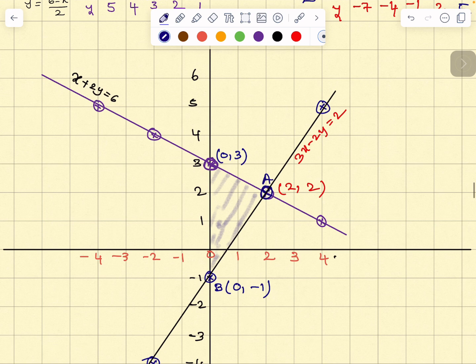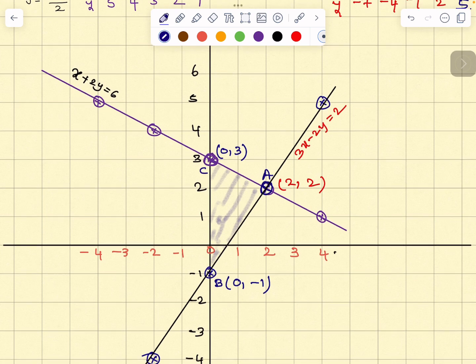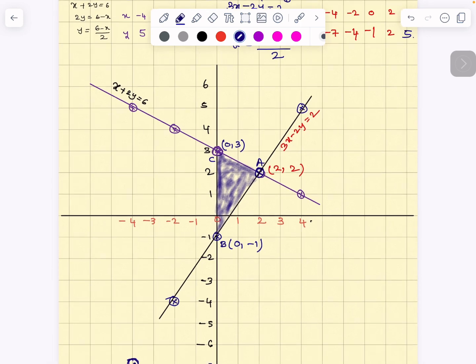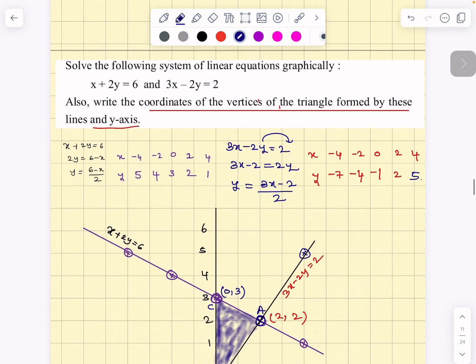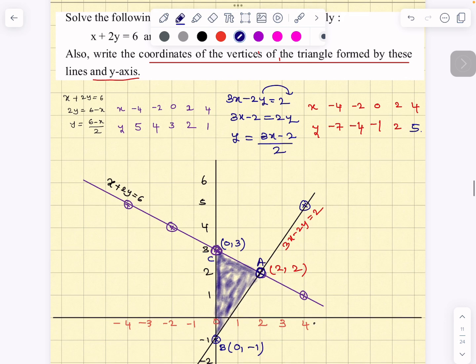So this is triangle ABC, and the coordinates are A (2, 2), B (0, minus 1), and C (0, 3). Just shade this triangle part. Okay, highlight this triangle part, and this is your question number 28. Move on to the next question.